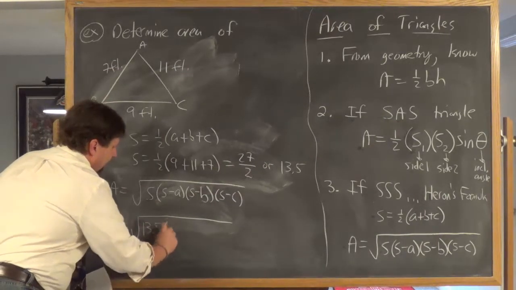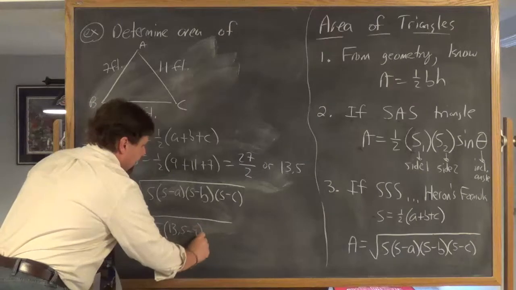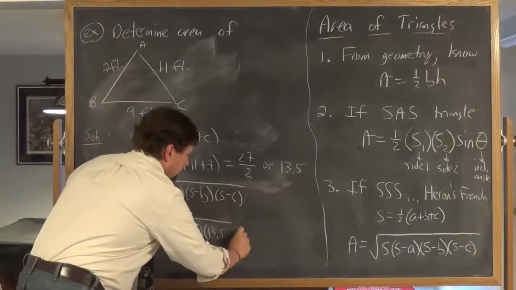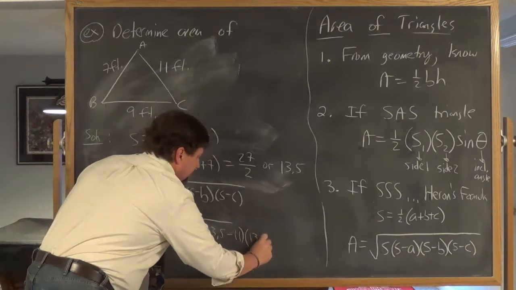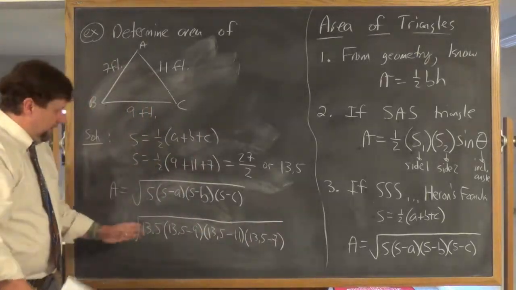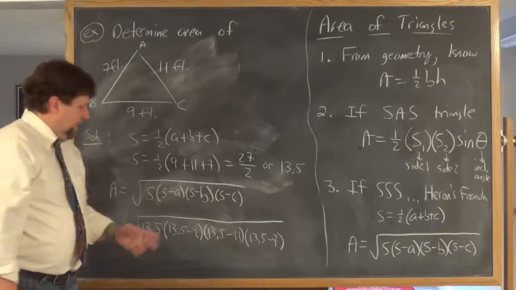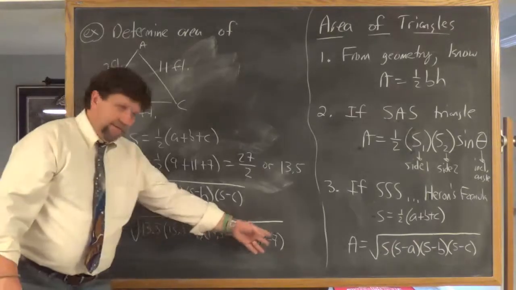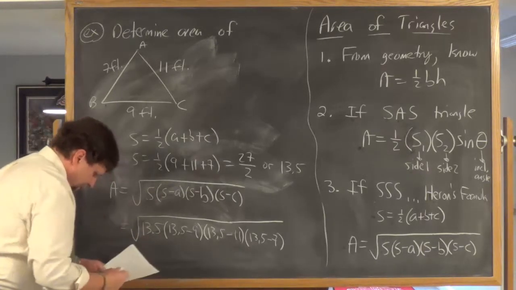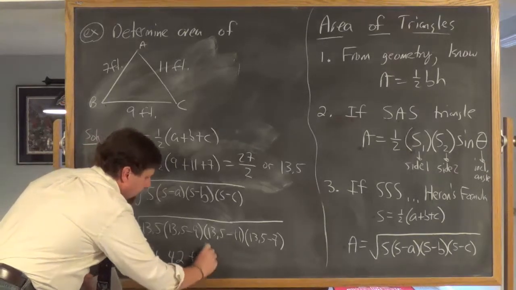So I have 13.5 times 13.5 minus A, which is 9, times 13.5 minus B, which is 11, times 13.5 minus C, which is 7. I make my square root line a little bit longer because all of that is under the square root. Again, it's just a calculator problem. I do the square root of this and get the area to be about 31.42 square feet.